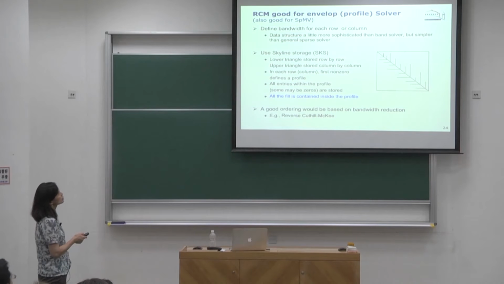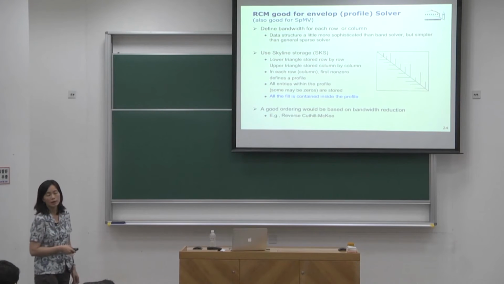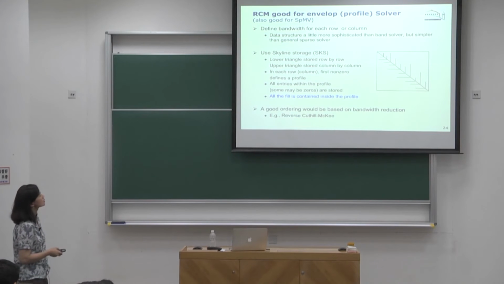Remember we saw this picture. In the old days, the simple data structure they used was this profile: store all these row by row, and column by column, and just keep track of the first non-zero of each column and each row. This kind of representation is simpler than the CCS and CRS that we're dealing with.